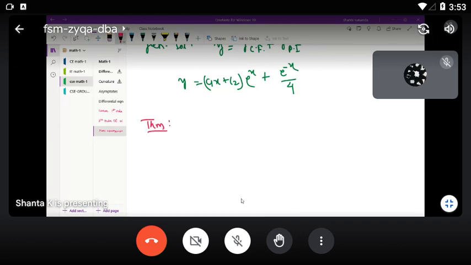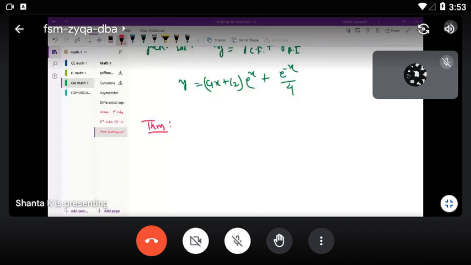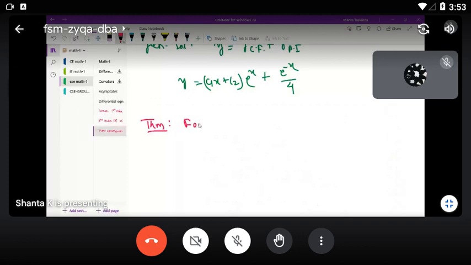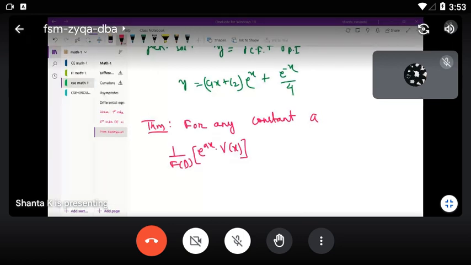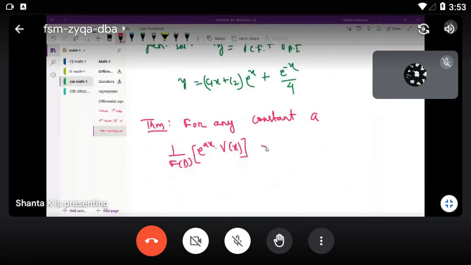When we have e power ax, for any constant a, the inverse operator 1 by f of D acting on e power ax into v of x, the product with the exponential, then we take the exponential out, and the operator becomes f of D plus a.